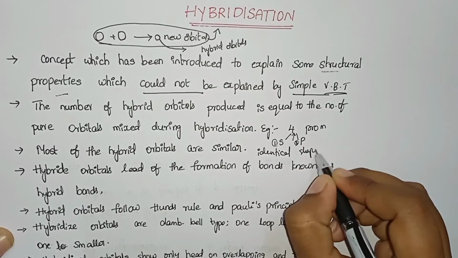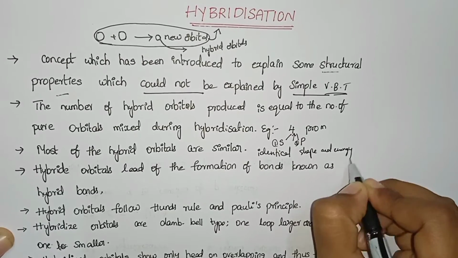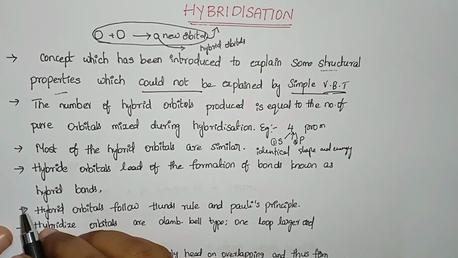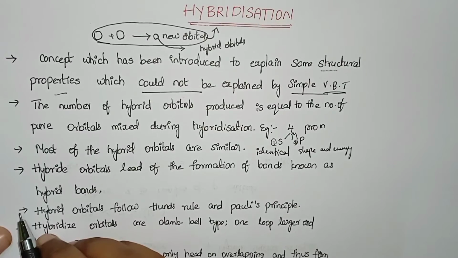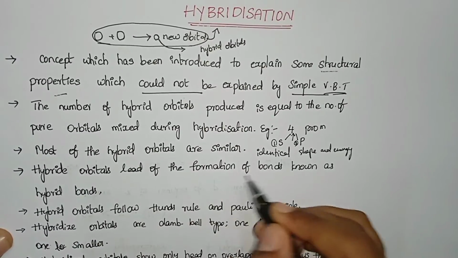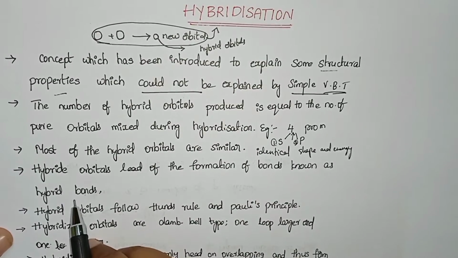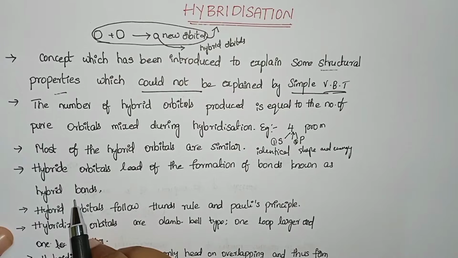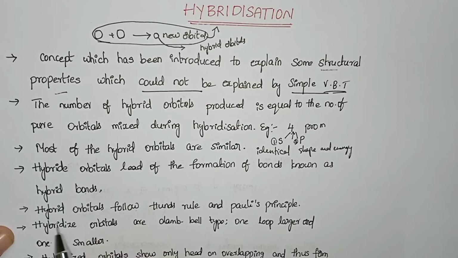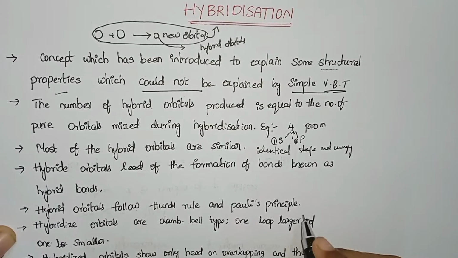Next point, hybrid orbitals lead to the formation of bonds known as hybrid bonds. The next point, the hybrid orbitals follow Hund's and Pauli's principle.